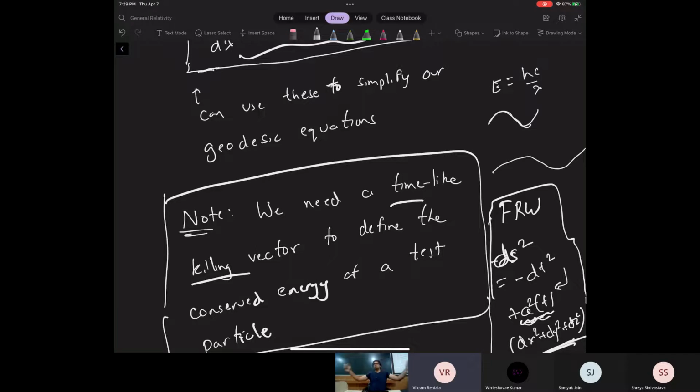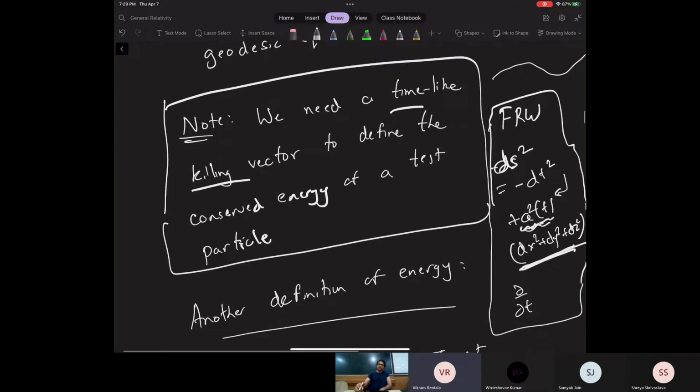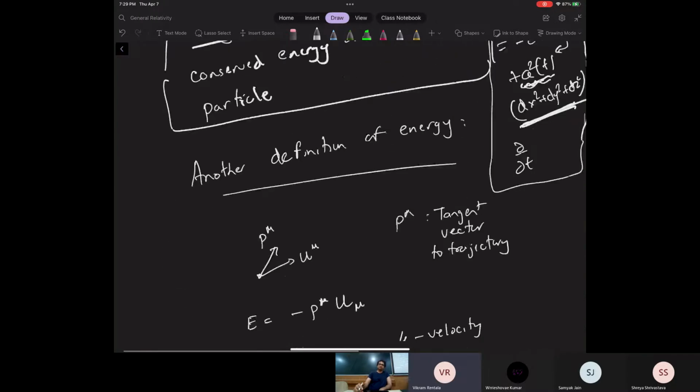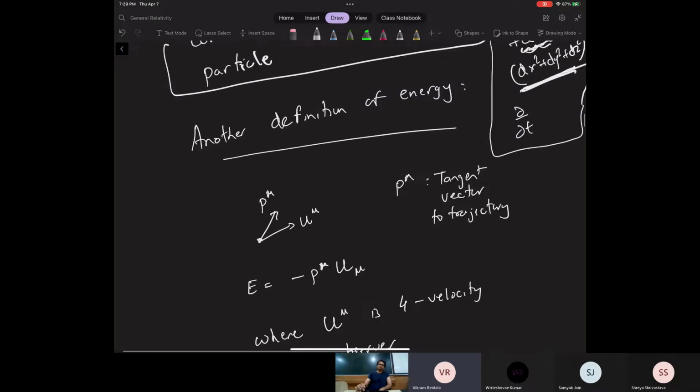So in general relativity, depending on the spacetime background, energy may or may not be conserved. For conservation of energy, you need a global time-like Killing vector.